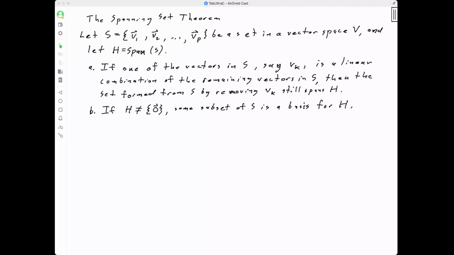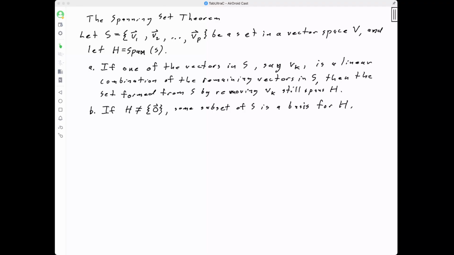When I have got it down to where the set is linearly independent, that will be a basis, because it will still span the same space. Okay, so that is the basic idea of a basis.